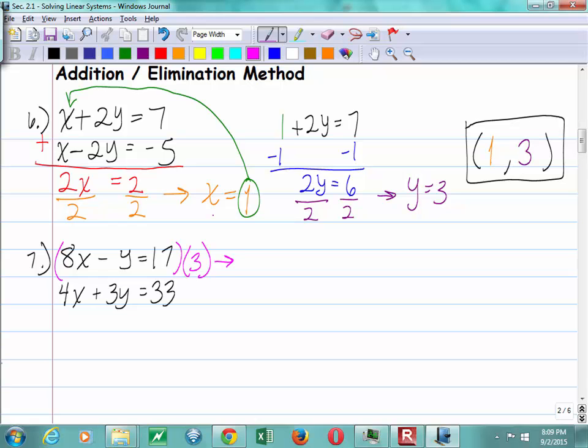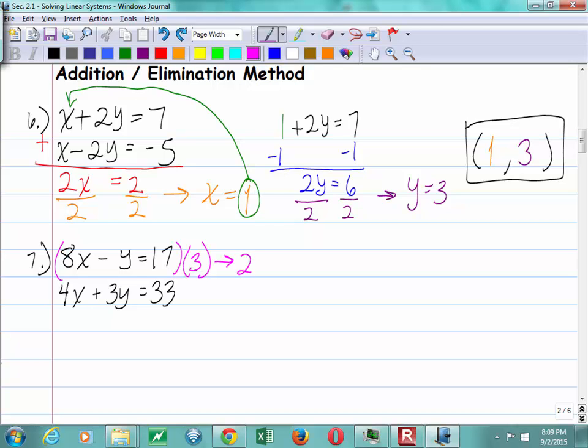Now, you do have another option, which is you could have multiplied the second equation by -2, so that way you would get a -8x to cancel out with the +8x. So that's just another option that would have been probably just as good if you wanted to do it that way. But I'm going to go ahead and multiply by 3. So I have to multiply the 3 times the whole equation.